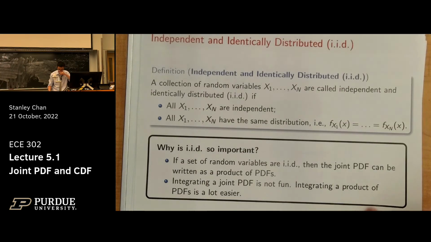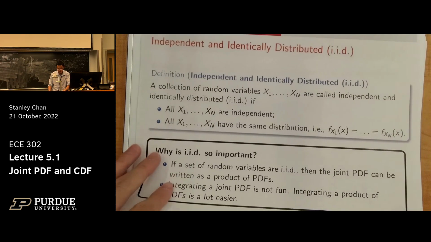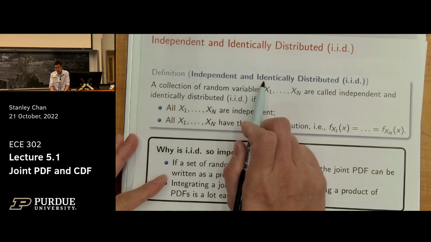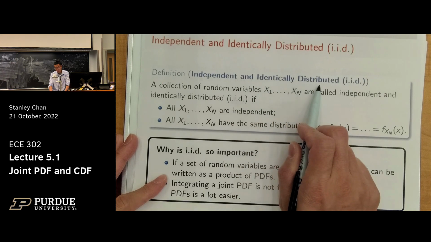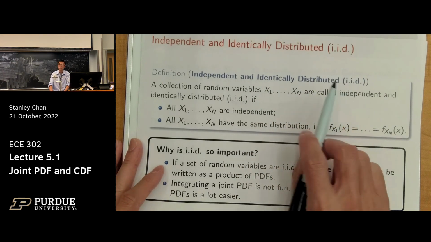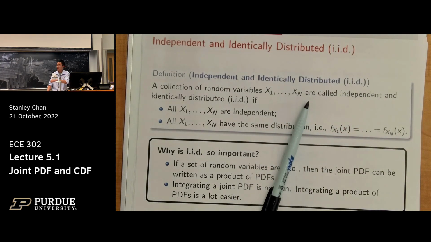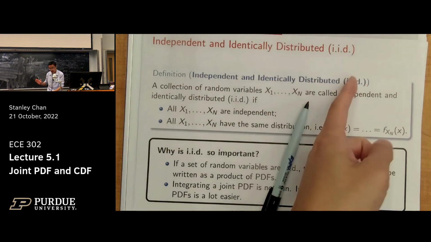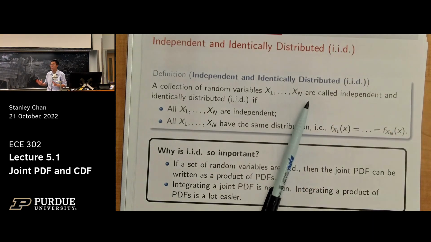Okay, so one last word, really the last word, is the independent and identically distributed random variable. We will come back to this point later. Assuming that you have a sequence of random variables, if they are all independent, and in addition they all follow the same distribution, say they're all Gaussian with the same mean and the same variance, then you say that they are IID random variables.